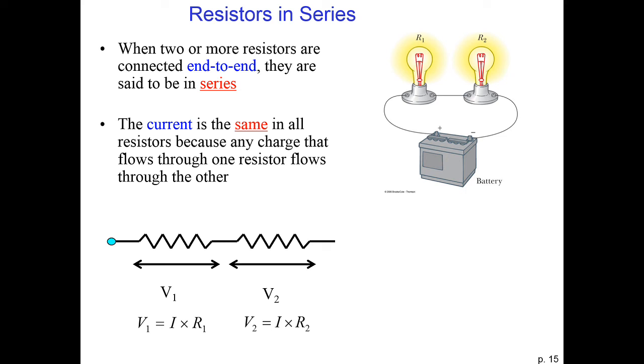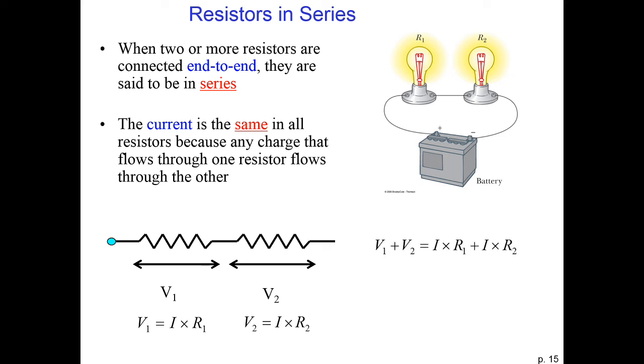We know that the current through 1 and the current through 2 are the same, and the voltage drop over each resistor is the current I times the resistance. That means the voltage across 1 is the resistance of 1 times the current, and the voltage across 2 is the current times the resistance of resistor 2.